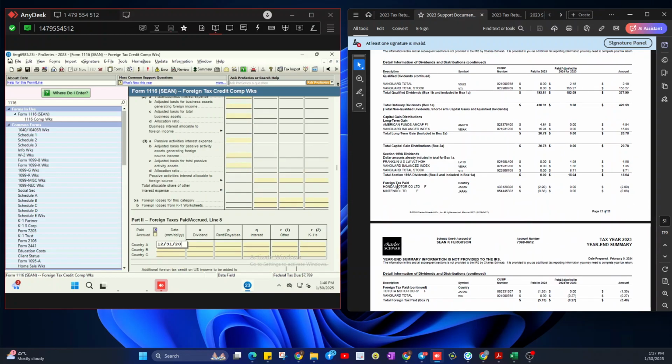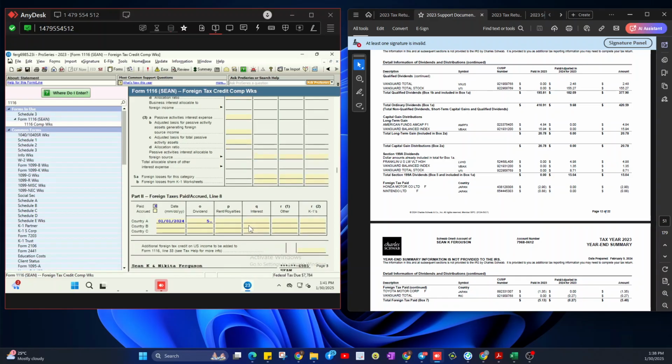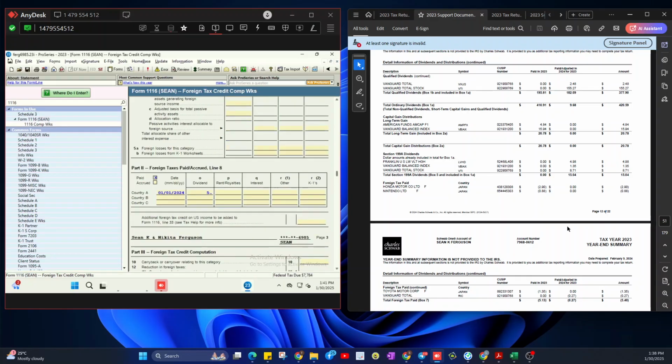because it was paid in, let's say it's been paid in 01/01/2024. This is for dividends, 5.40. Let's see how it looks here.